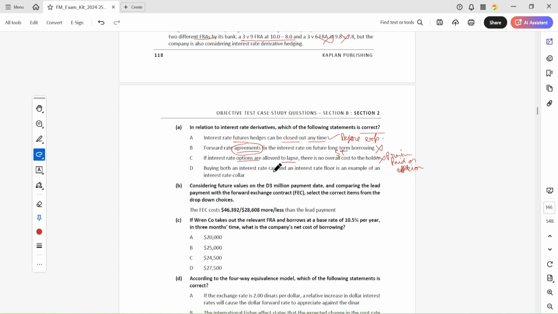Buying both interest cap and floor is an example of interest rate collar. No, buying cap and selling floor is a collar. So this is the only correct one.